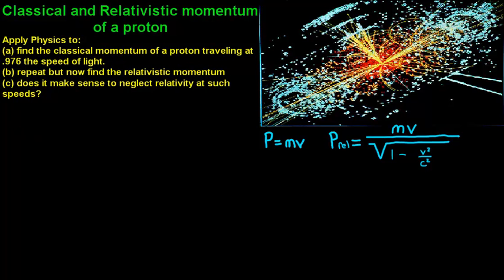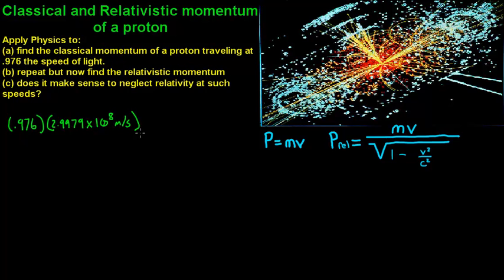Anyways, so for the first one, it's really quite simple. As you know, classical momentum is just P, which is your momentum, equals mass times velocity. So we just take the velocity, which it's going at 0.976 the speed of light. So you take 0.976 times the speed of light, which is 2.9979 times 10 to the 8th meters per second.